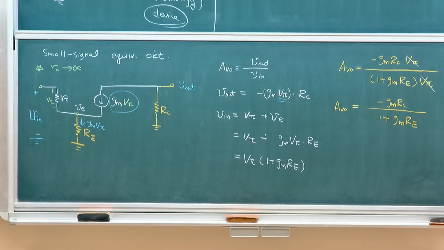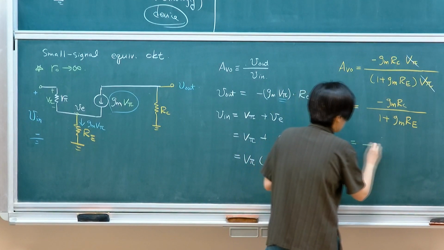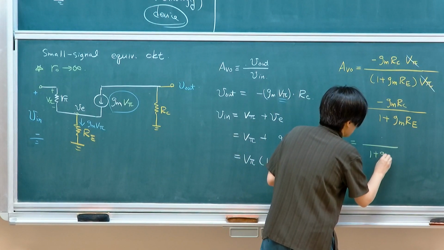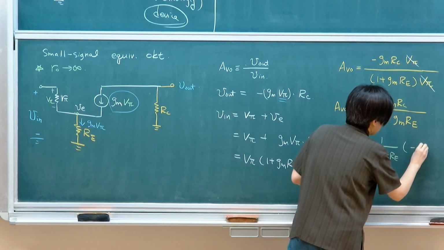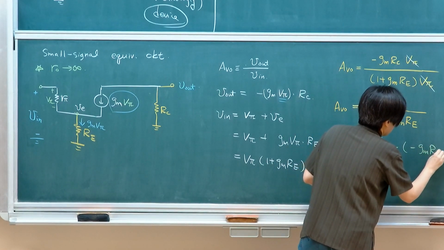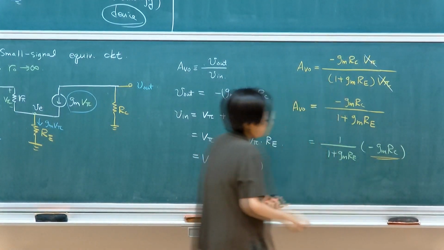If we go back and compare it with the same circuit without emitter resistance, the main difference is that you see this attenuation, 1 plus gm RE. So this is the one without RE.